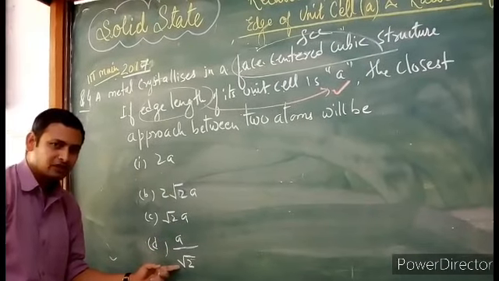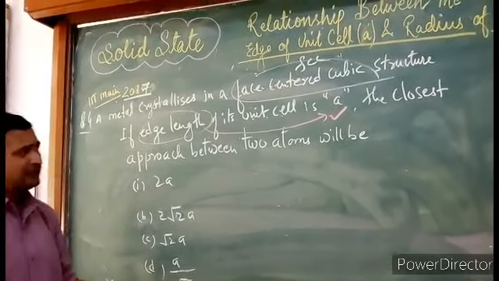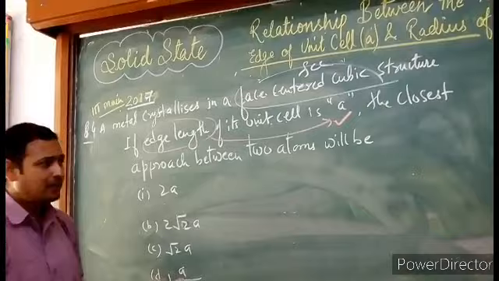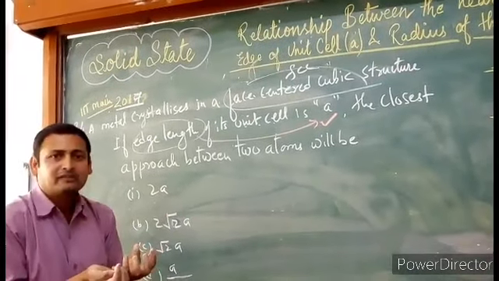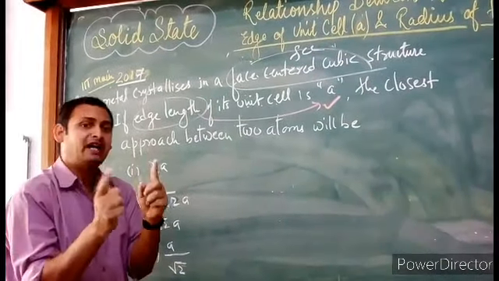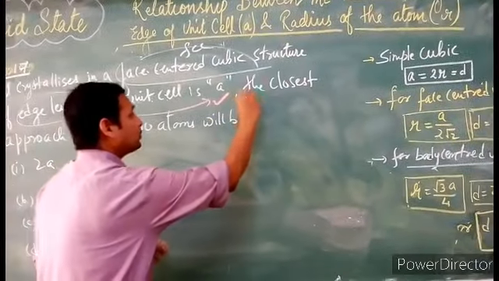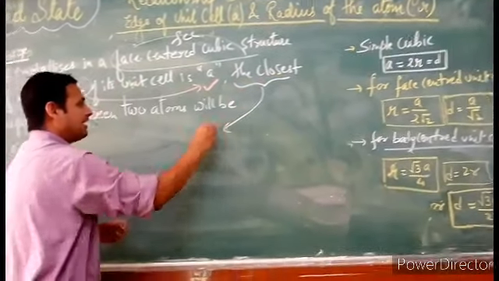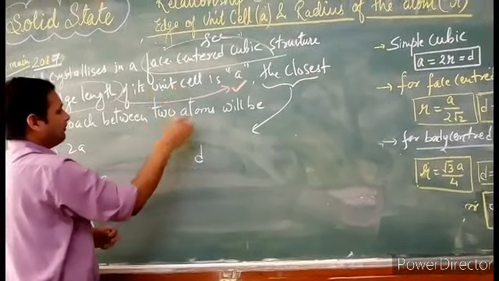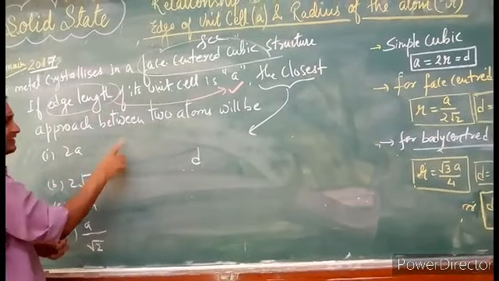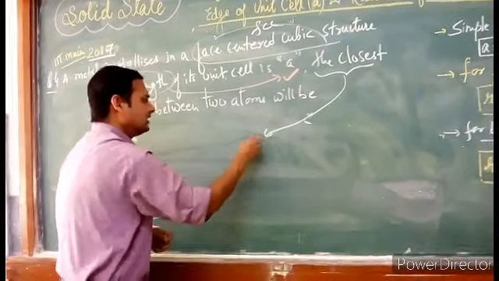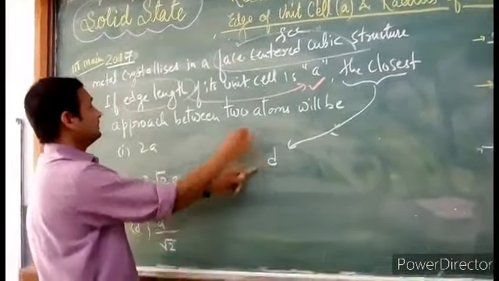So in the discussion until now we have discussed many times, closest approach means the distance between two joined atoms, the distance between two joined closest atoms, which we are representing by D. And we have been asked the relationship between the closest approach D and the edge length.